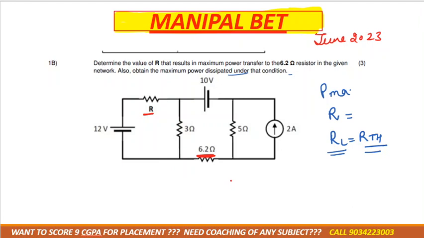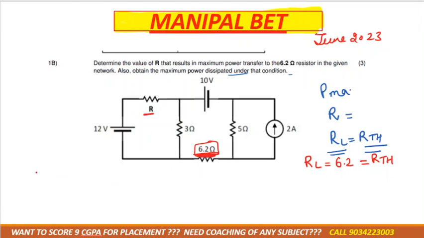Which one is RL? 6.2. Why? Because they said the maximum power will transfer to the 6.2 ohm resistor. Got it? So can we say that RL is equal to 6.2, that is equal to RTH? Yes or no?